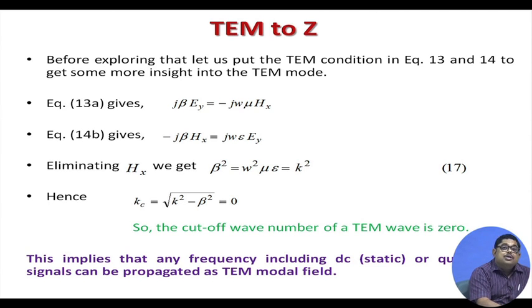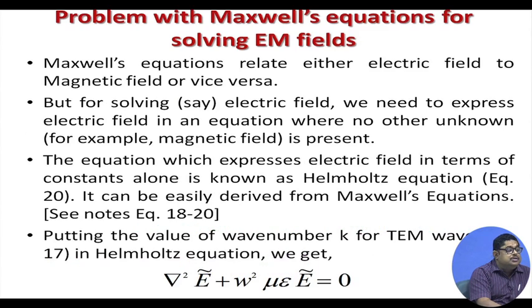So, we will have to go to the basic Maxwell's equation and find that. Now, in Maxwell's equation there is a problem: the first curl equation relates del cross E is equal to minus del B by del t.